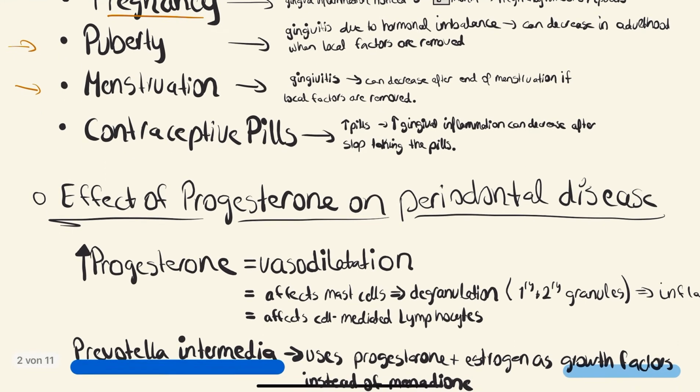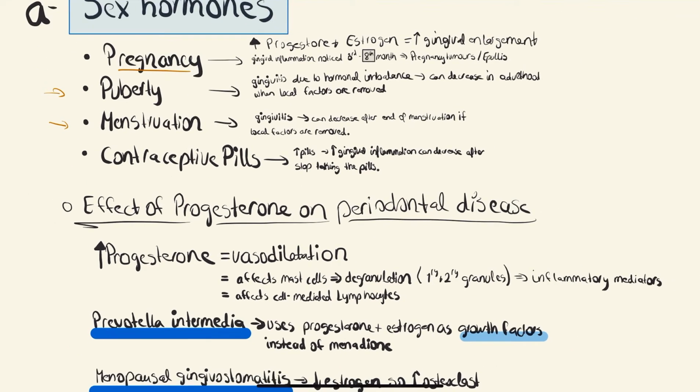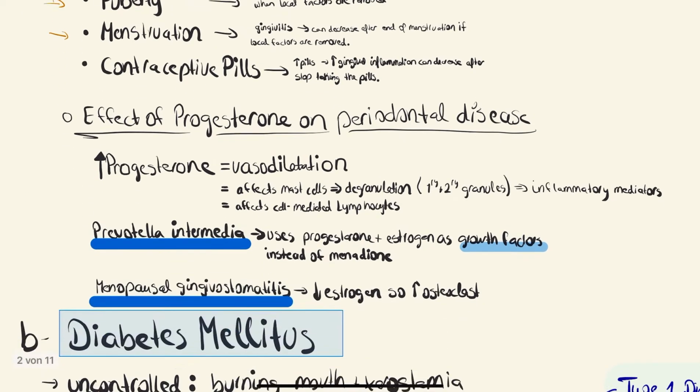And with contraceptive pills, after a time of about 1 to 1.5 years of taking the pills, it increases the gingival inflammation, but it can decrease when you stop taking the pills. So these four can lead to gingival inflammation, gingivitis.